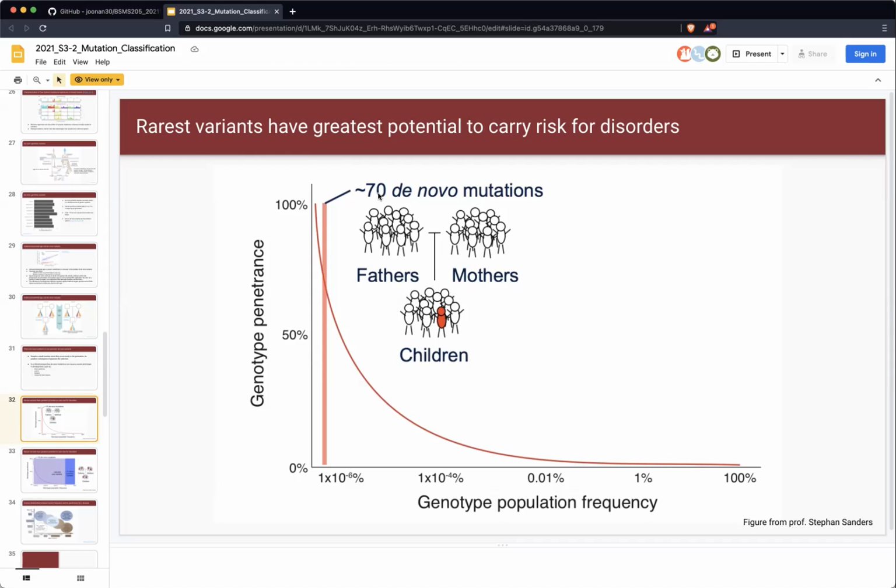So given that model, we have the 72 novel mutations, but not all of these mutations do something to our phenotypes, right? In our traits. The reason is that most mutations are actually neutral, including de novo mutations. So if you look at patients with autism or epilepsy, they don't have 70 deleterious de novo mutations.